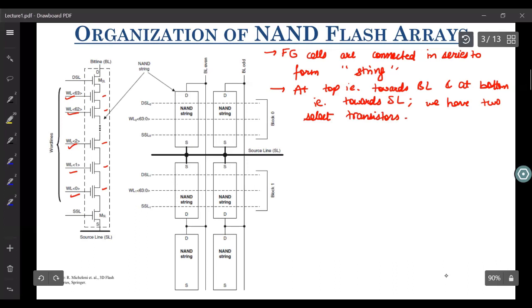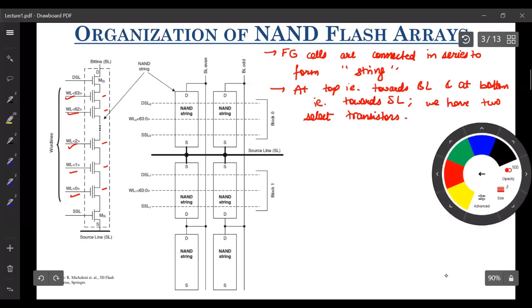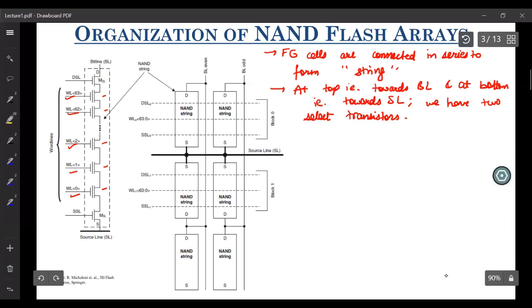Those select transistors are also in series. So now let us look at those select transistors. The top select transistor is called the bit select transistor, and the lower select transistor is called the source select transistor.